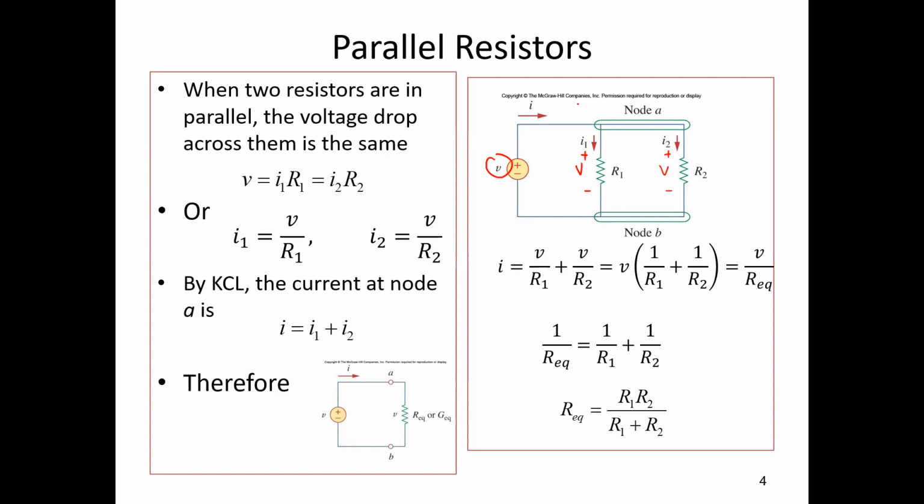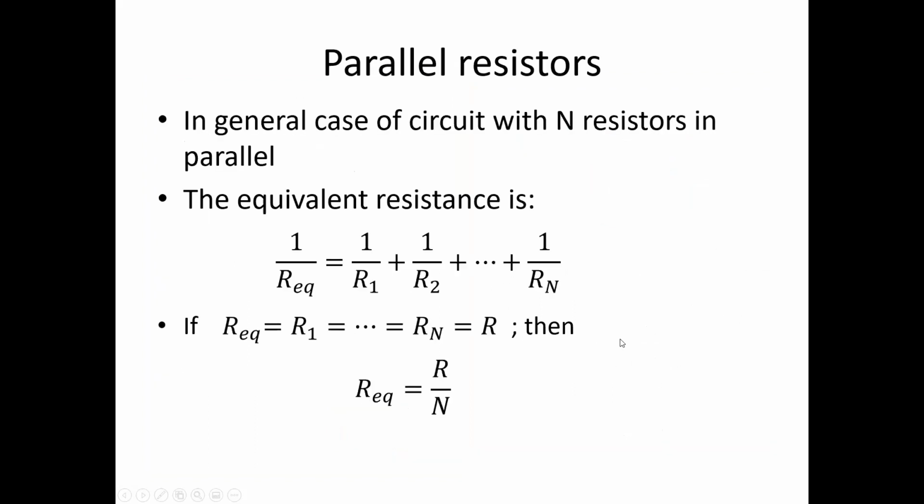And based on the KCL, the total current is I, so I is equal to the summation of all the branch currents. Therefore, for resistors in parallel, you can represent R1 and R2 as an R equivalent, which is R1 multiplied with R2 over R1 plus R2. We get this based on this derivation.